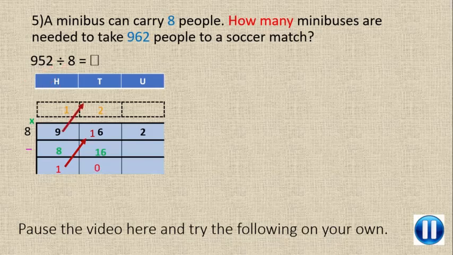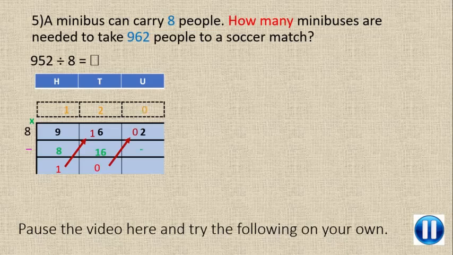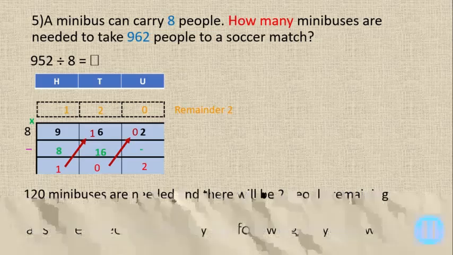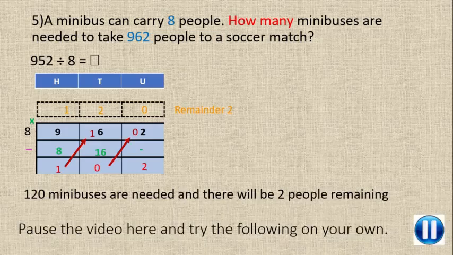We bring up the 2 and it becomes 2. 2 divided by 8, we can't, so we have 0, and then we have our remainder 2. So our final answer is 120 remainder 2. So our answer sentence is 120 buses are needed and there are still 2 people remaining.